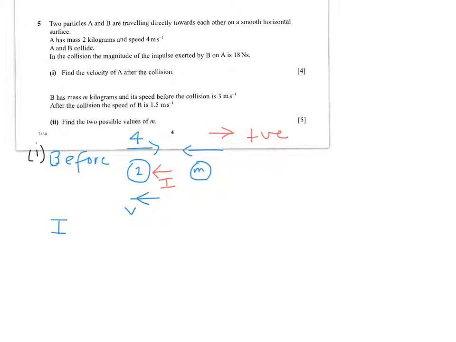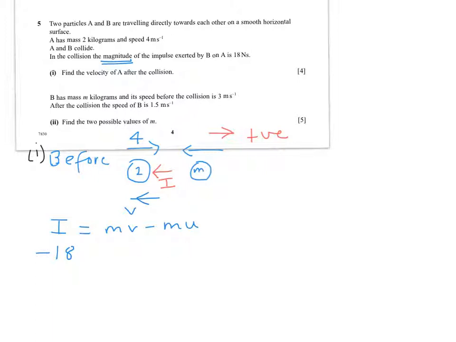So I is equal to mv minus mu, the final momentum minus the initial momentum, and this is just for particle A, the 2 kilogram mass. So the impulse will have to be negative. We're told it's 18. That's its magnitude. Mentions magnitude there in the question. That's a bit of a clue.